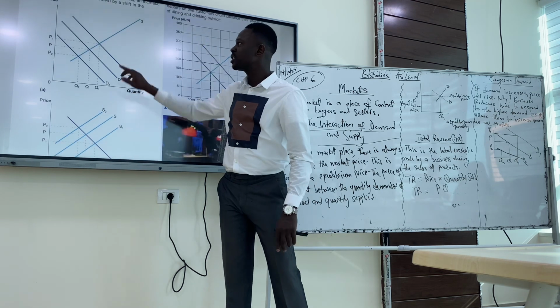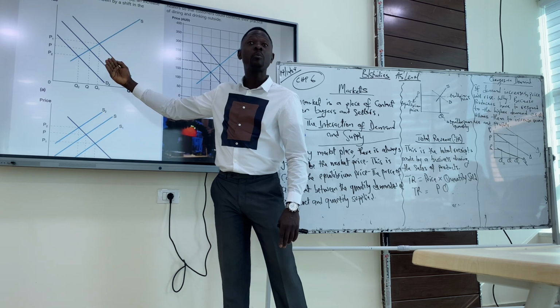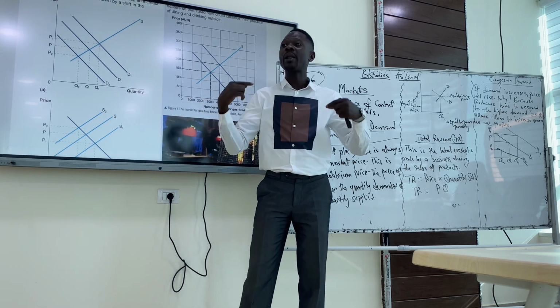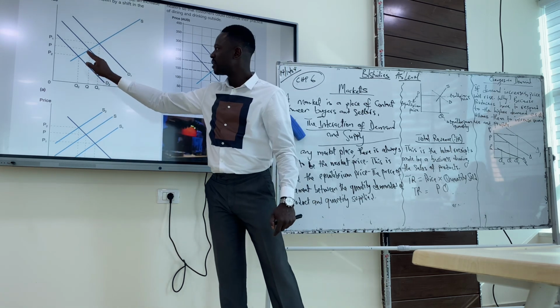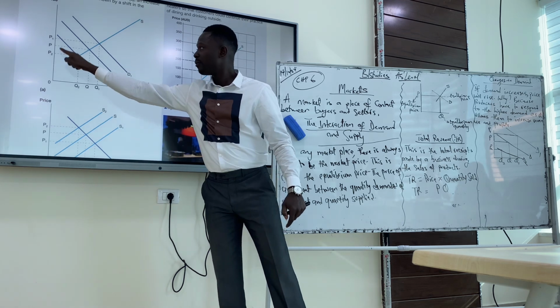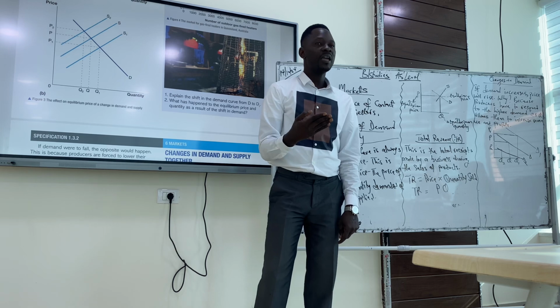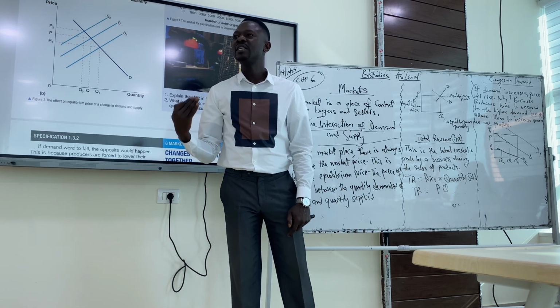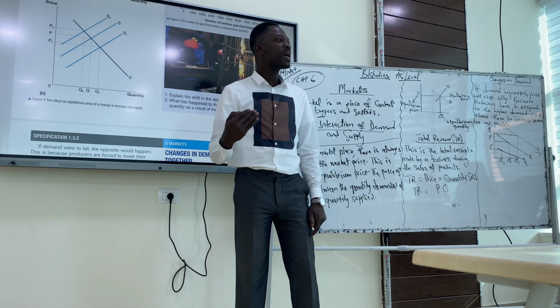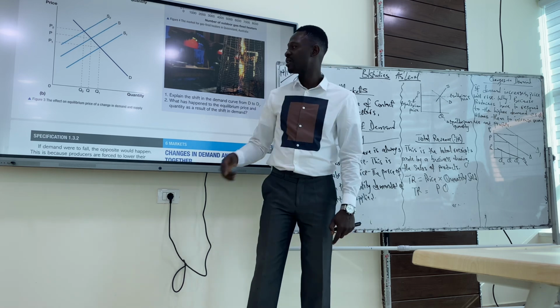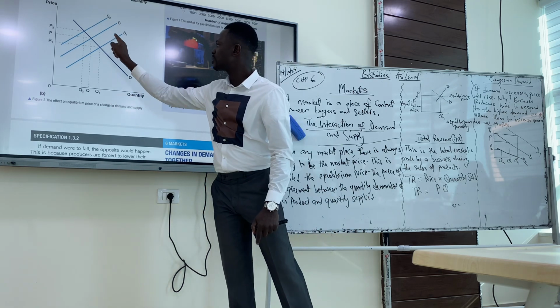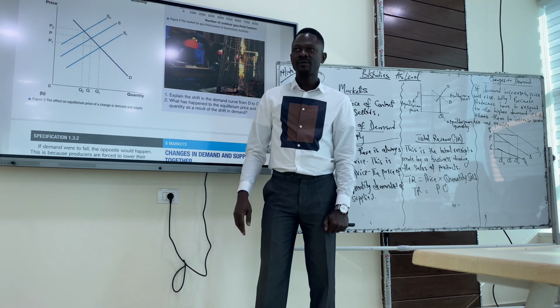Because consumers are willing to buy more, firms are able to supply more. They increase the price from P to P1. That brings about an incentive, a motivation for them to increase their supply. So the supply curve will shift rightward as a result of that, from S to S1. Do we understand?